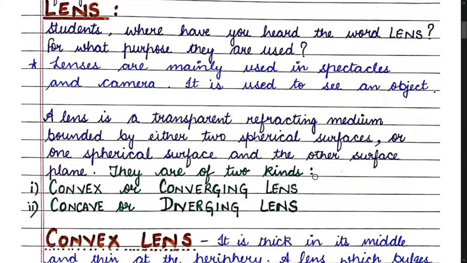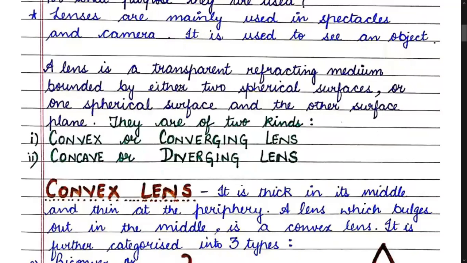So students, what is a lens? A lens is a transparent refracting medium bounded by either two spherical surfaces or one spherical surface and the other surface is plane. So students, lens is a transparent surface.